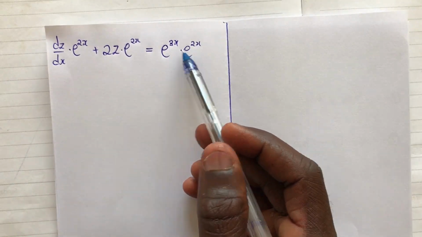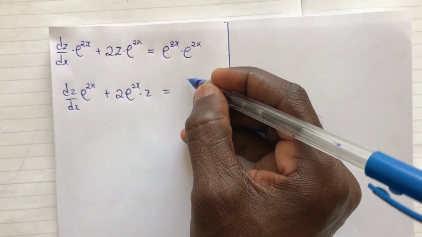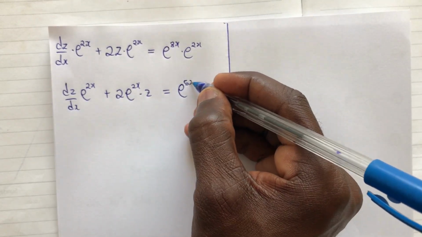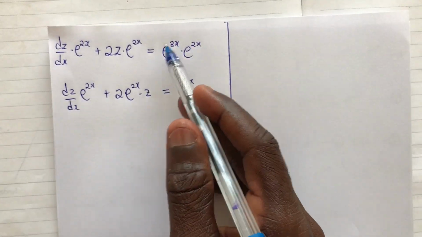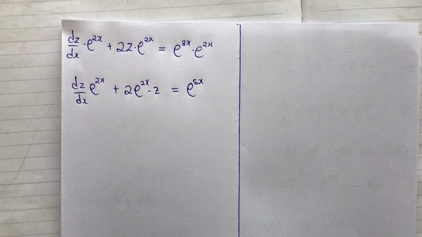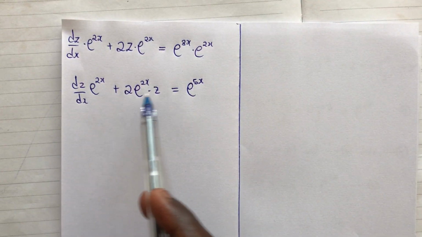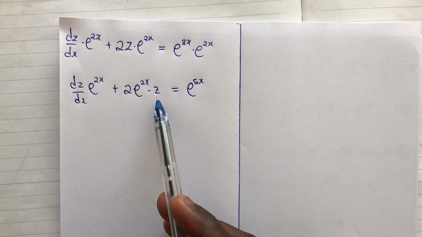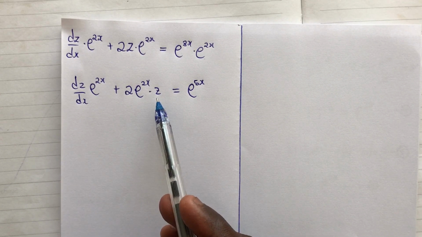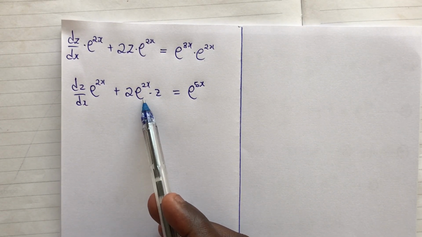And we can work on this side: e^2x times z equal to e to the power 5x. The bases are the same, so we add the exponents. From the linear first order differential equation, which I've already discussed, when we get to this part of the equation, we need to consider the left hand side of the equation and take the derivative of the variable z and the integrating factor.